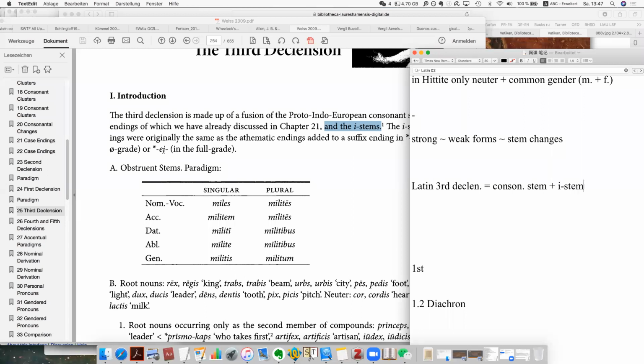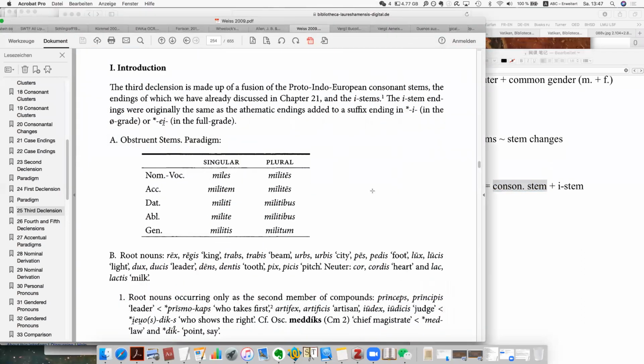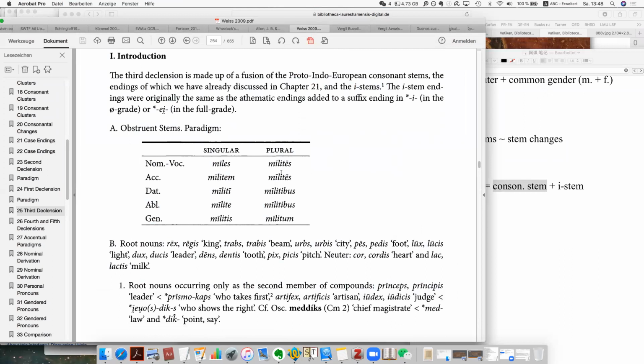It's a mixture of these two stems. And consonant stem, you have it everywhere in the Indo-European languages. You have it in Greek, you have it in Sanskrit, and of course in Latin. And we will talk about why. So first we look at this one.